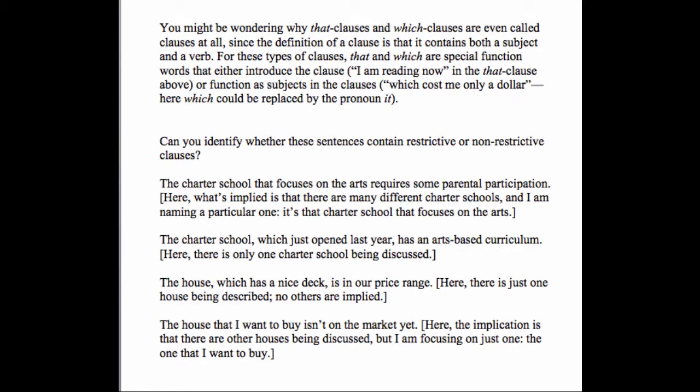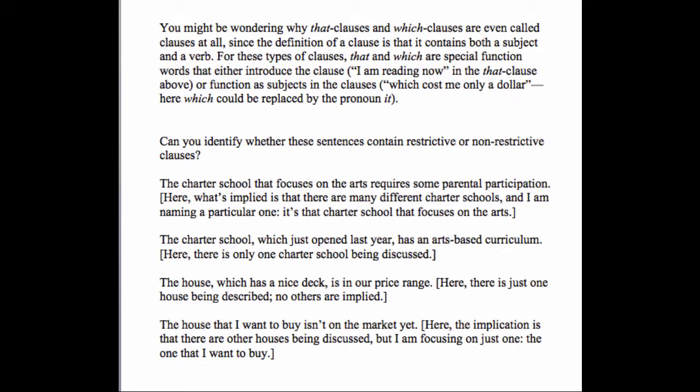So for these types of clauses, that and which are special function words that either introduce the clause, I am reading now, in that last that clause, or that function as subjects in the clauses, which cost me only $1. And here you might think of which as being replaced by the pronoun it. And if we do that substitution, we get it cost me only $1, which certainly does meet the requirements for an independent clause.